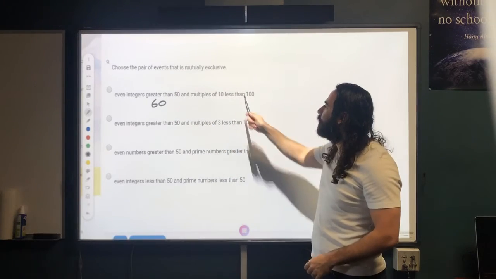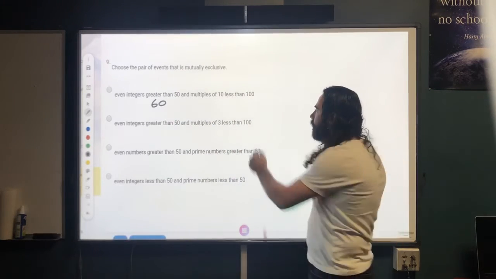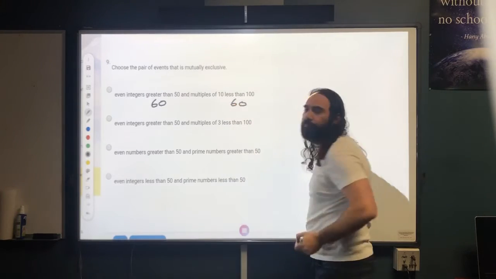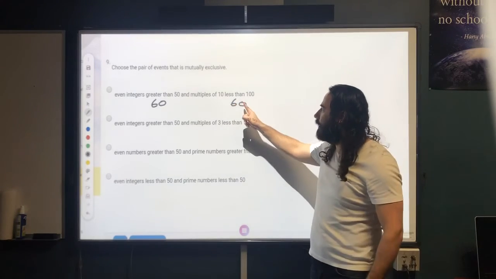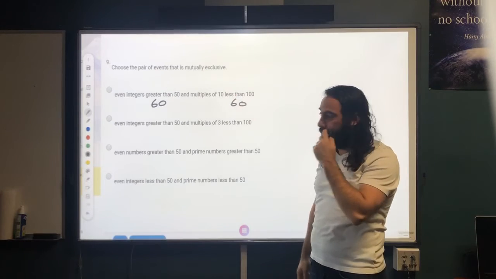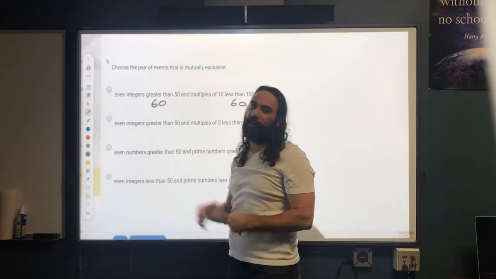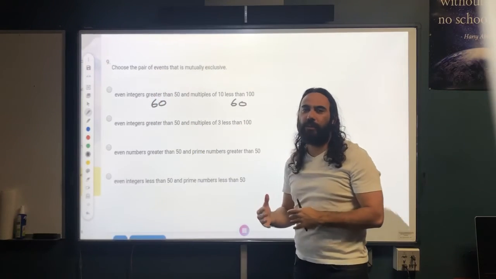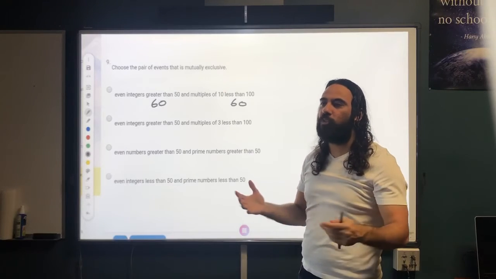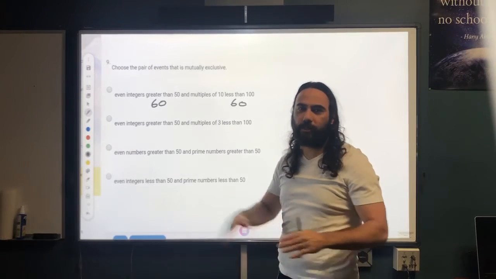Now, multiples of 10 that are less than 100, also 60. So 60 is a multiple of 10 and also an even integer greater than 50. So there is something in common, which means they're not mutually exclusive.